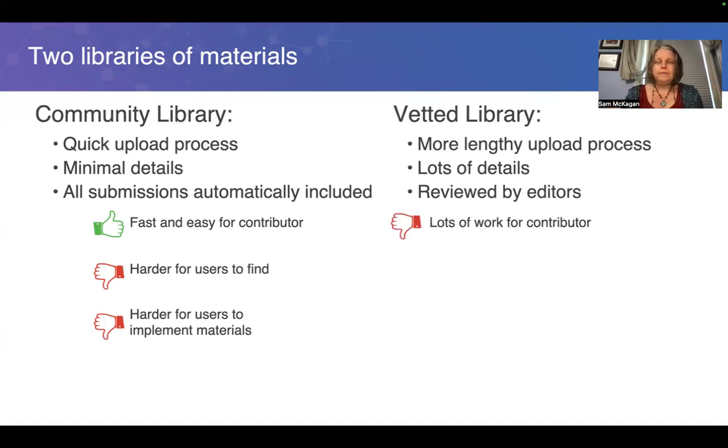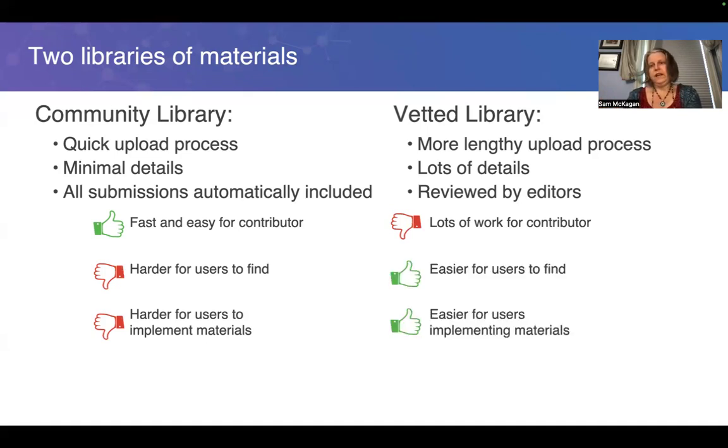So the vetted library is a lot of work for contributors, but it's easier for users to find and easier for users to implement materials. And so our model is, let's just get the stuff in as quickly as possible so that you've got it there to start that process. And then as you're ready, you can continue on to the next process.